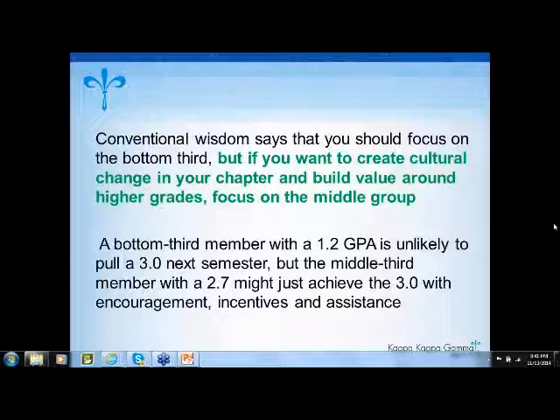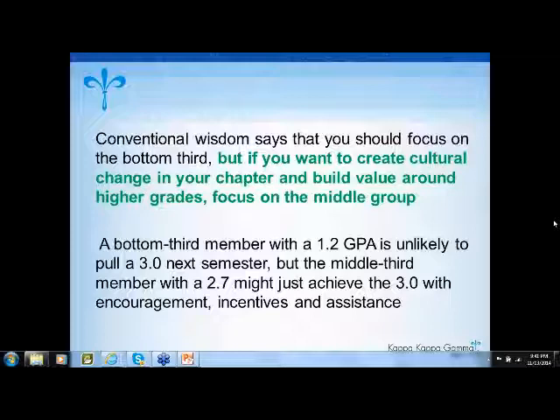But those middle third members with a 2.7 or 2.8, somewhere in there, with enough encouragement and incentives and assistance, they might just get to 3.0 or the 3.2 mark. And once they've done that, they're likely to stay there again because the feeling is so good. Oh my gosh, look what I did. I raised my GPA from a 2.6 to a 3.2.